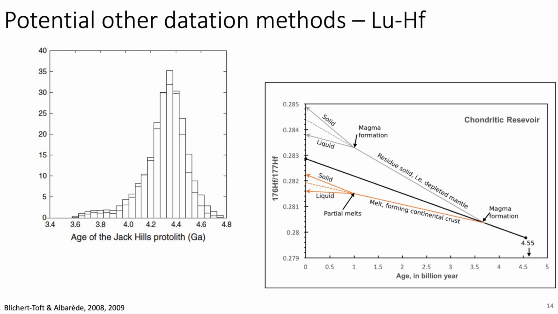You see also here that the range of this ratio is not large. We go from a little less than 0.28 to 0.285. So then, for convenience, what's often done is to take this Earth line with a zero slope and then to measure the difference.